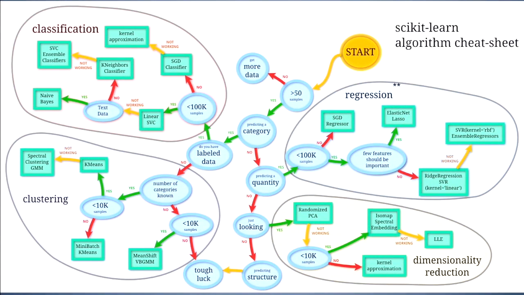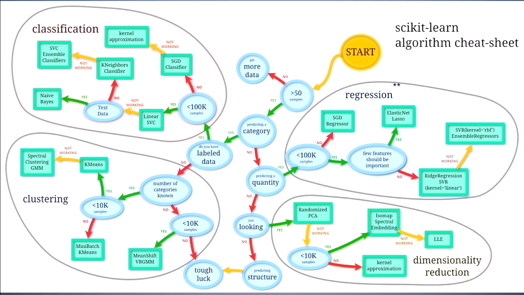Let's say that you have, this is a great illustration that you will find in the documentation. Let's say that you're given a machine learning task and you do not know exactly where to begin. This will be great in helping you figure out what you should do. So a question you should ask yourself is, how big is your data set? If you have less than 50 samples, then you should probably go and get some more data if you can. And you have to figure out, what do you want to do?